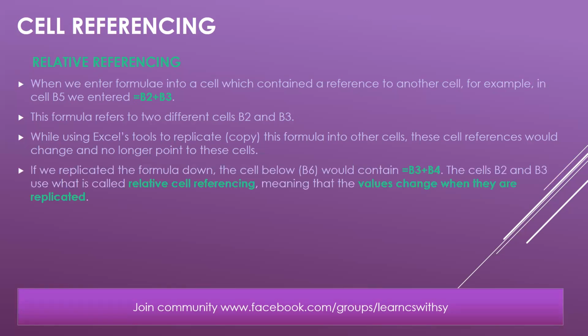And what will happen is, if B5 contained equals B2 plus B3, and we performed the copying and pasting replication process, then in cell B6, it will now contain equals B3 plus B4, means B2 is changed to B3 and B3 is changed to B4. That's correct. That should have happened. And this kind of referencing is given the name relative cell referencing, means that the values change when they are replicated. The values do not remain same. The values are supposed to change.